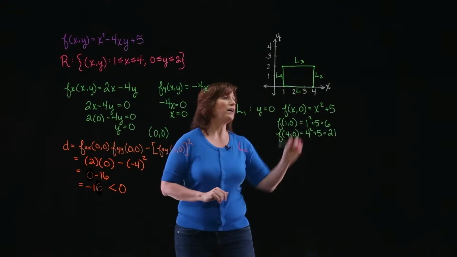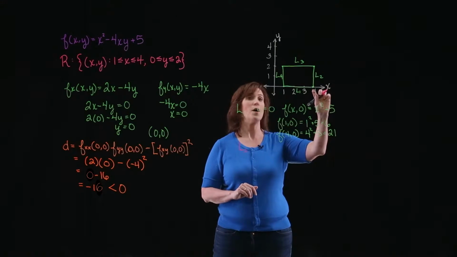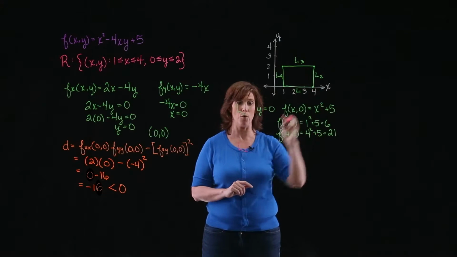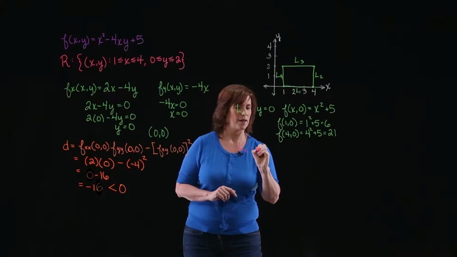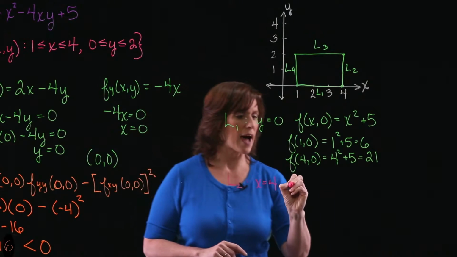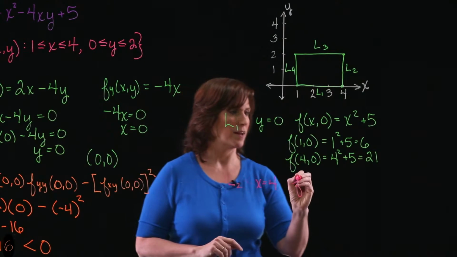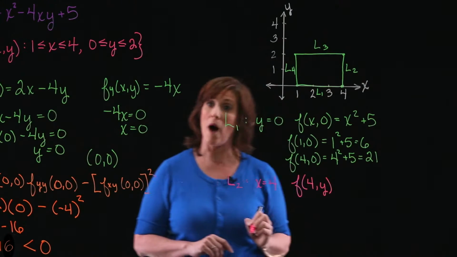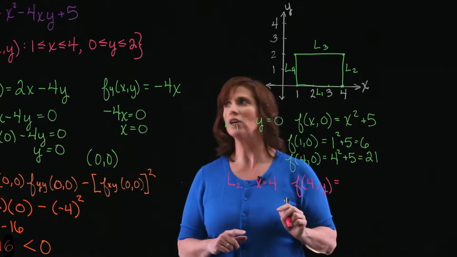All right. So when I look at L2, I notice that the x-coordinate of any point on L2 is always going to be 4. So I know that x is going to equal 4, which means that I can rewrite my function as f of (4, y). Well, what does it look like?